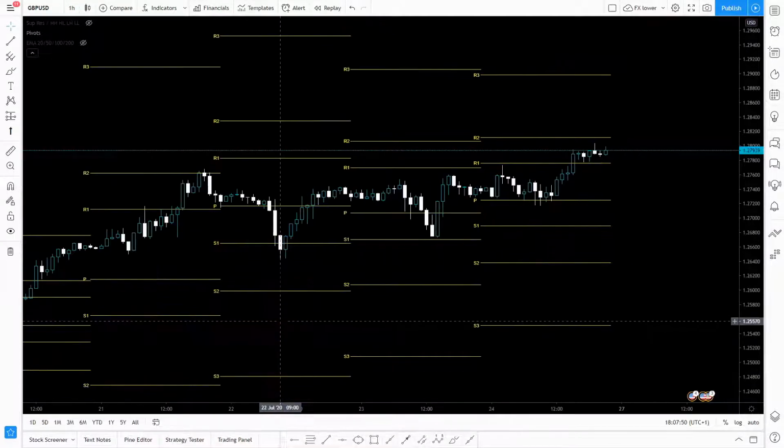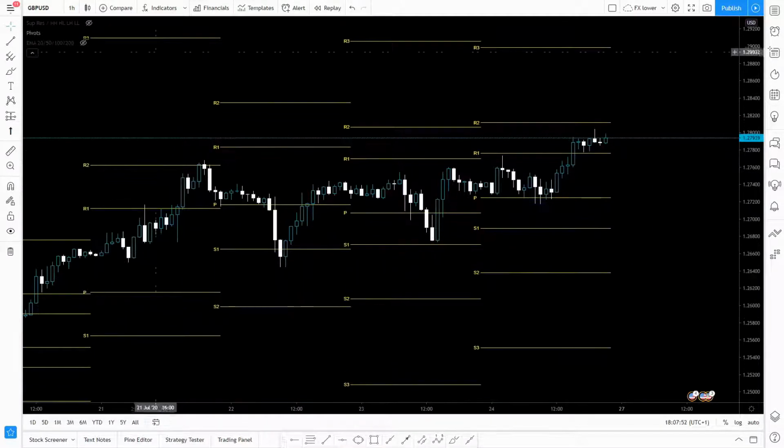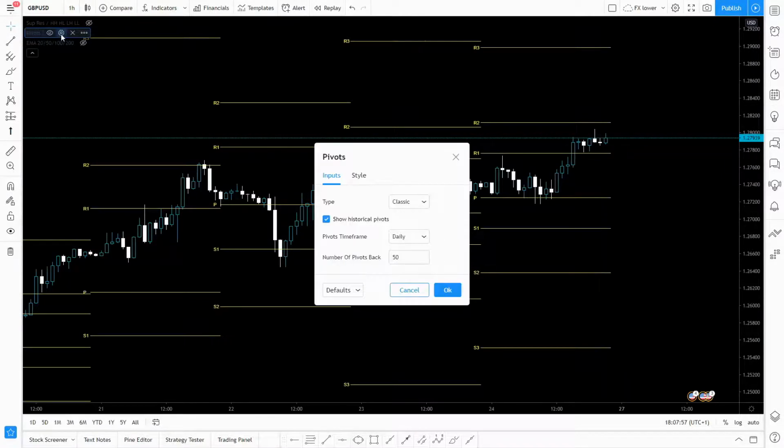Okay. So as you can see on my screen, I'm using a daily pivot point to find them a bit more effective. I put it on the classic. You've got traditional, Fibonacci, Woody, DM, but I'll pretty much go for classic. I'll go for a daily.